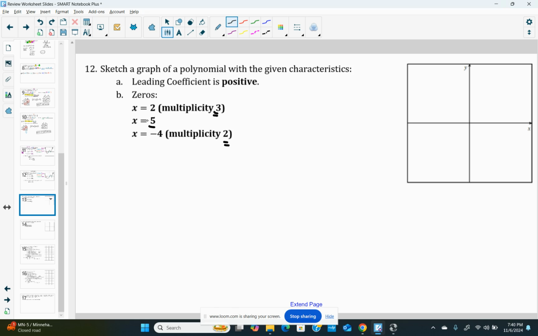So we have 3, 4, 5, 6 for the degree. Then we want to sketch this out. So x equals, and now this one's giving us the zeros, so we don't have to do opposite. So this one's giving us the 0 at 2, at 5, and then at -4.